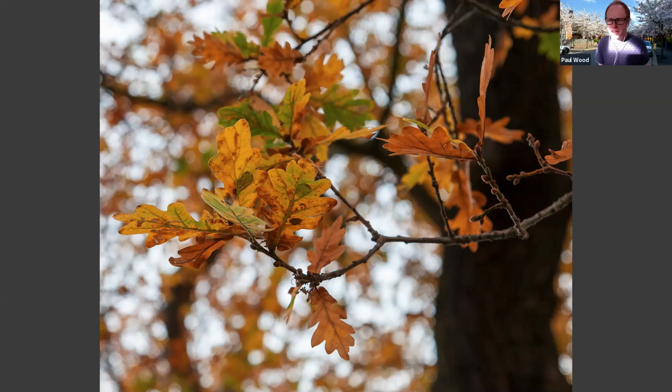Right, so the next one I'm going to take you to is going to be a completely different kind of tree. So let me move on the slideshow. So coming up on your slideshow now is a tree which is quite an exotic species, which you may not recognize.